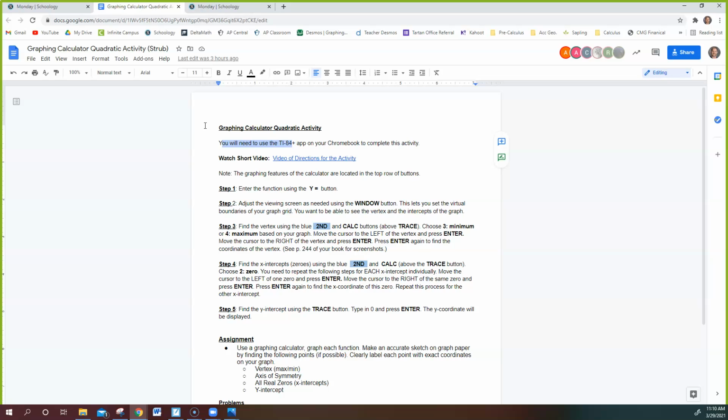So if you have a school laptop, right on the desktop, you click on the TI-84 Plus app, which should look like a calculator, and that will bring up your calculator. So everybody should have access to either their own calculator or the app on their Chromebook.